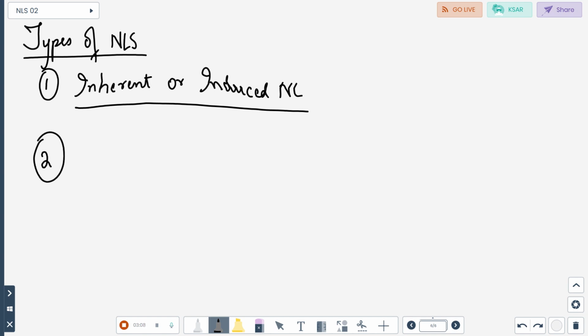The second type of classification of nonlinearity includes magnitude or frequency based nonlinearity.